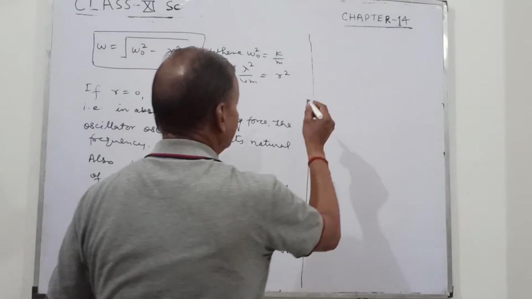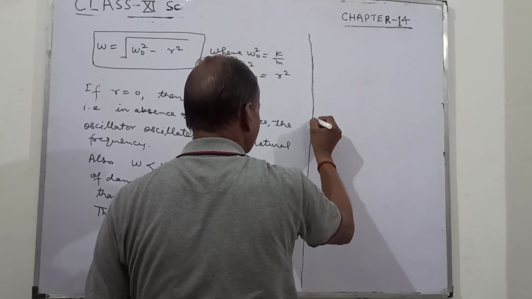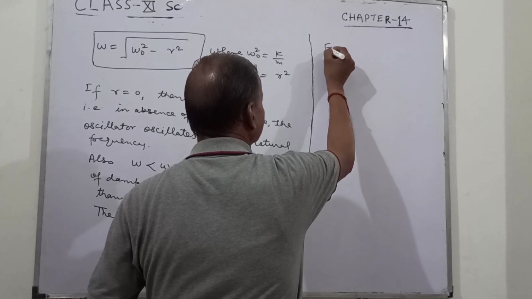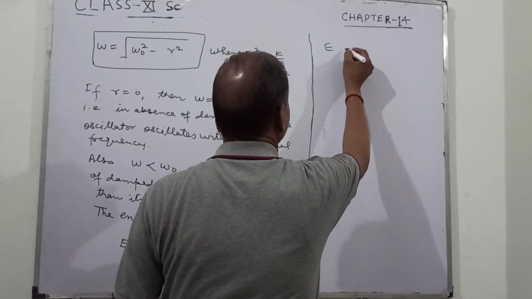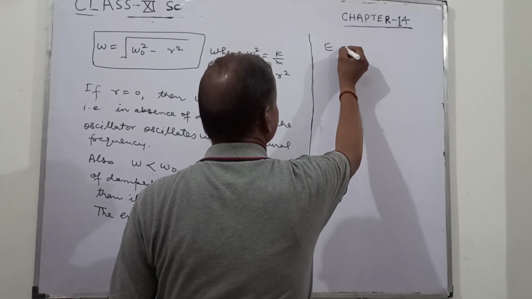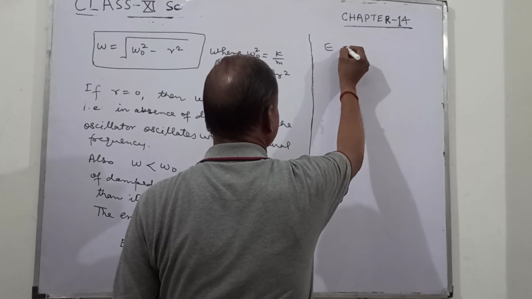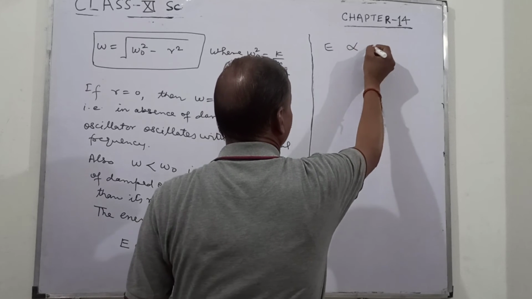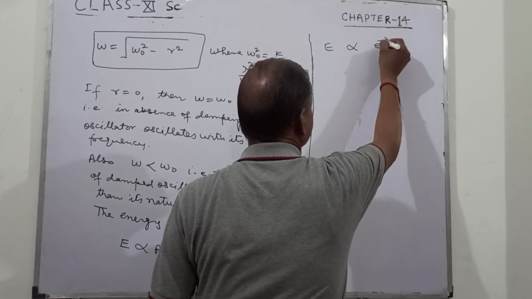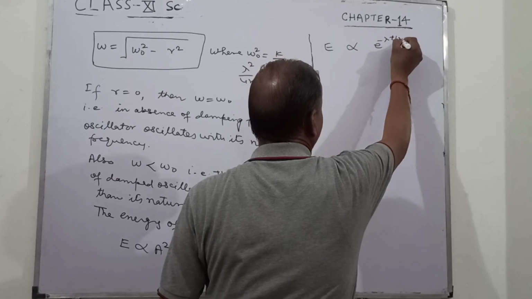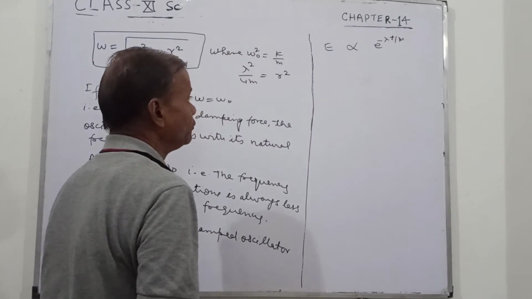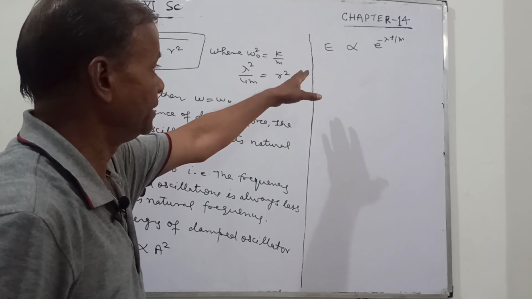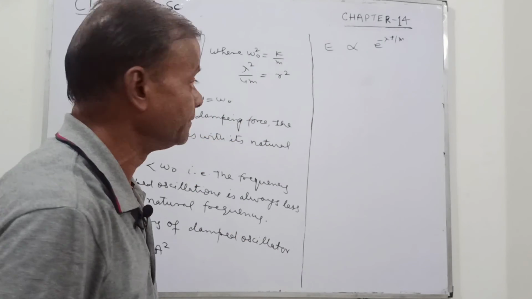So energy E equal to this, we put the value of this A, so this is proportional to e to the power minus lambda t upon m. And you can easily see that the energy decreases exponentially.